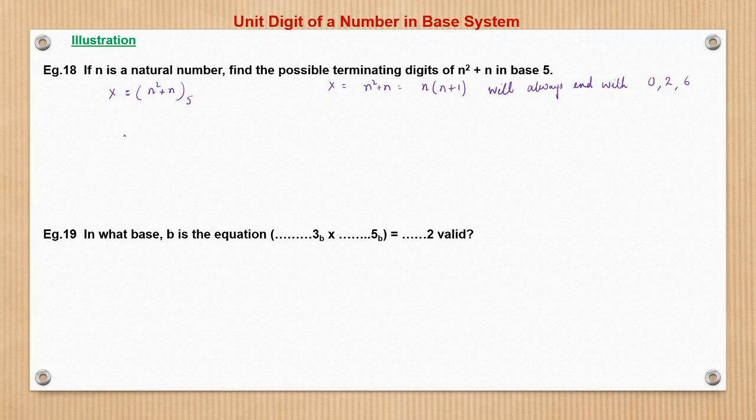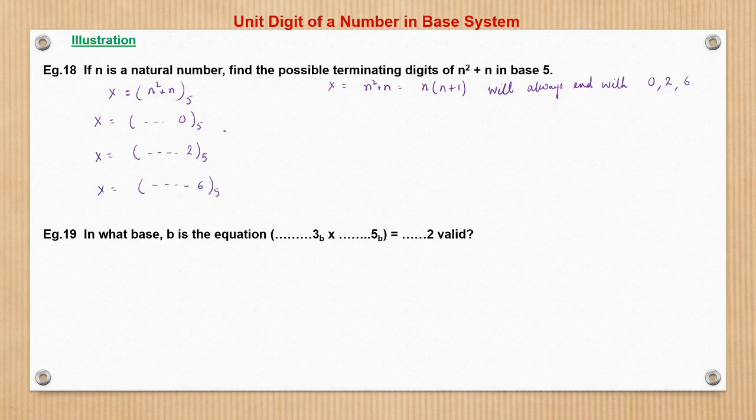So see here now, there are three cases. X is either a number terminating in 0, or X is any number terminating with 2, or X may be any number terminating in 6.